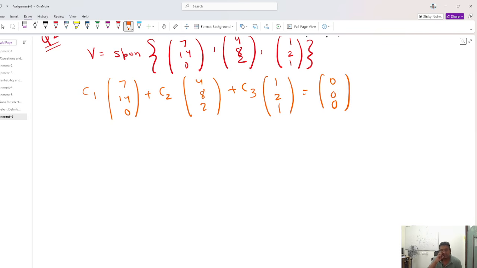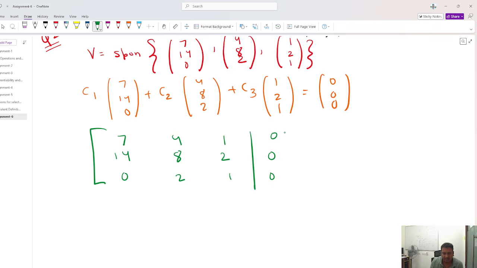It amounts to solving three linear equations. So consider the augmented matrix of that. It would be 7, 4, 1, 0; 14, 8, 2, 0; 0, 2, 1, 0. Don't take the transpose. It will be problematic. So properly write the equations always and then do whatever you want to do.